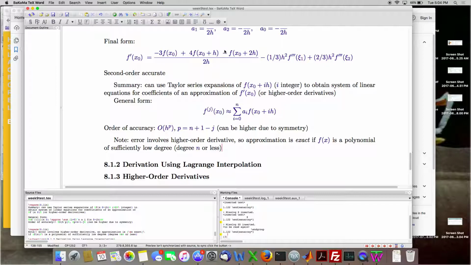So what does that mean? It actually describes a connection between what I've shown you here of Taylor series and polynomial interpolation.